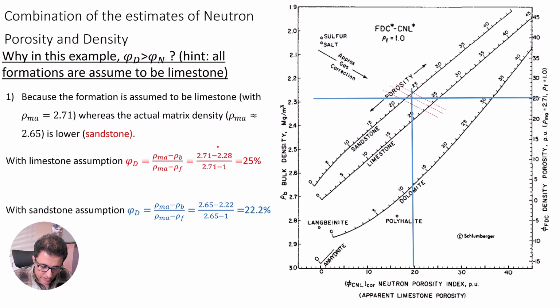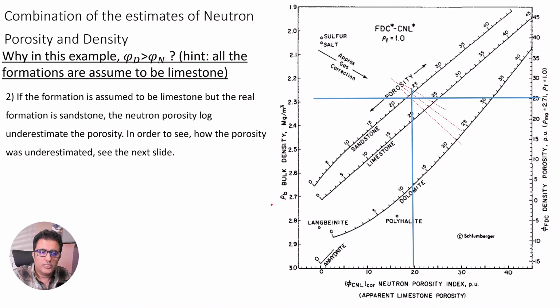So if in this equation we put the value of matrix density for limestone here, because limestone has higher matrix density than sandstone, we're going to end up with overestimation of the porosity using the density log. But if we insert the correct value of the matrix density for sandstone, that is 2.65, in the equation, we're going to end up with the porosity being 22.2%, which is very close to the actual porosity.